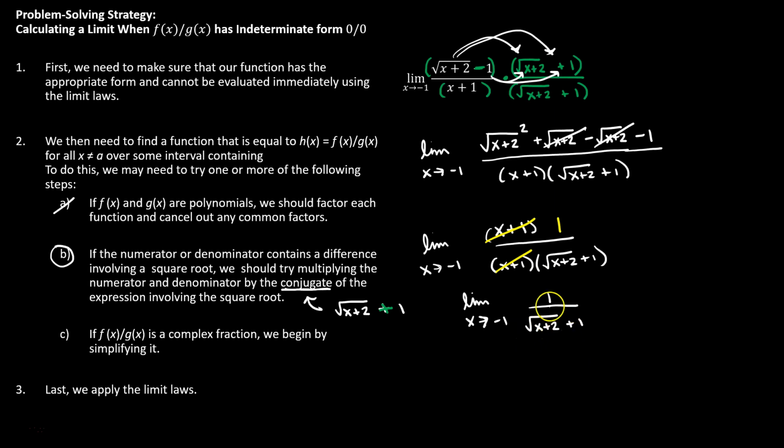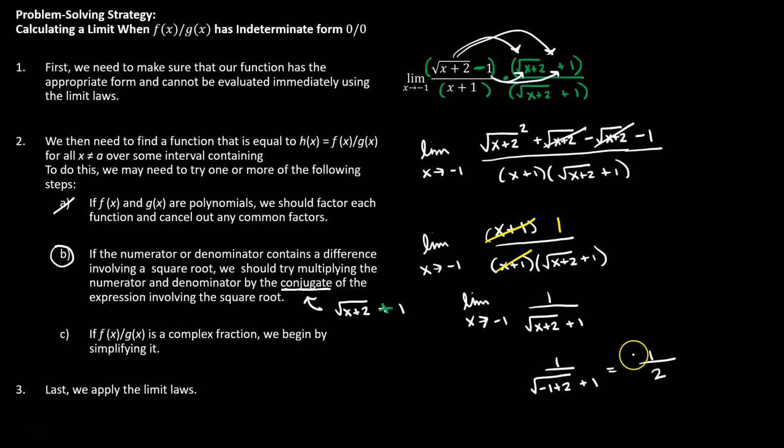Now that we've eliminated the indeterminate form, we can use direct substitution. So we'll replace x with -1. We have 1 over the square root of 1 plus 1, which comes out to be 2. So our final answer for that original limit is 1/2.